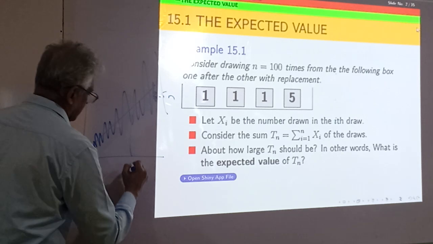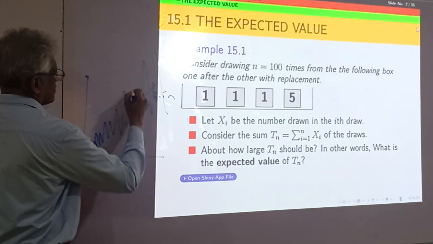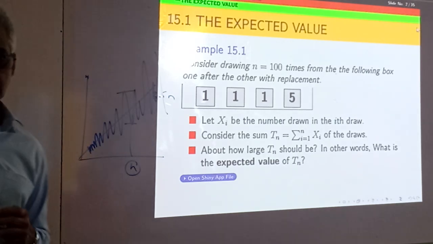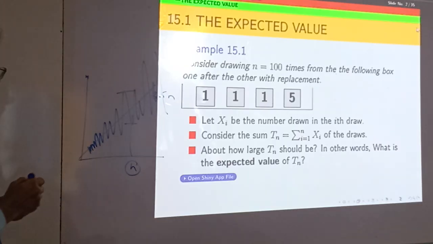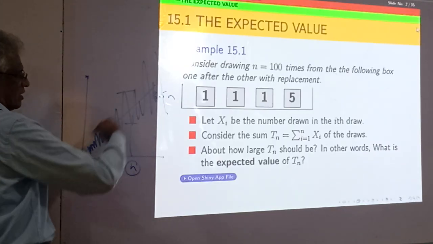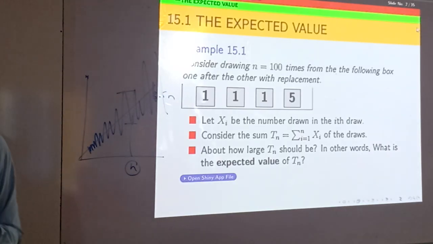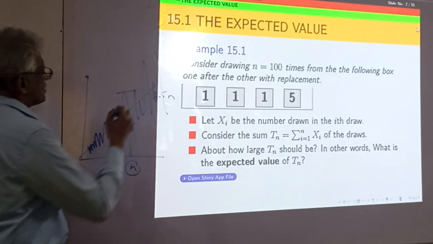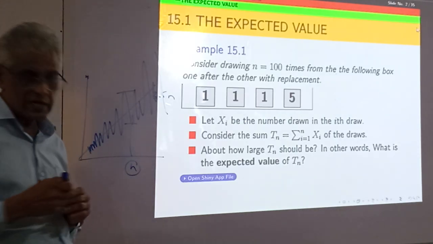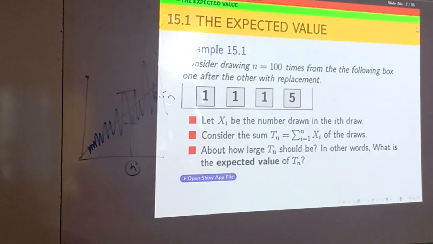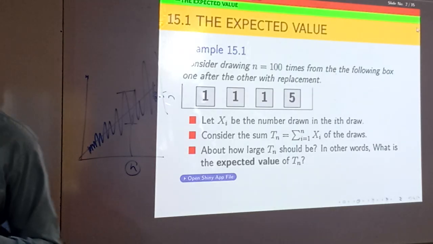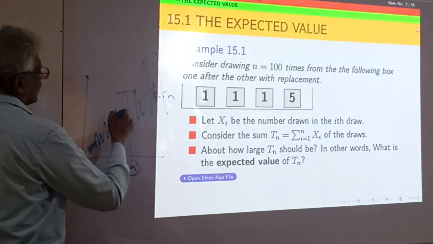So at a given point n, you are interested in how much is the variation, right? We know its actual value is going to be around Tn, 3.5 times n, but how much is the variation? Right? So that is measured by something called the standard error. That is the same as the standard deviation of all possible values.